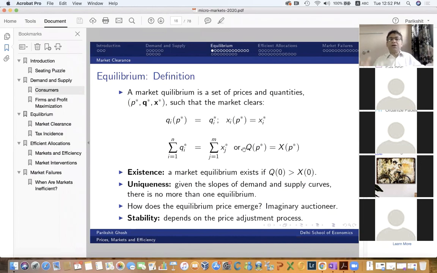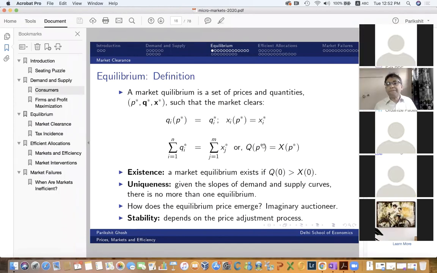It somehow emerges from the organic interaction of many buyers and many sellers. So our hope, when we use this sort of simple model, is that this very simplified model captures that complex process through which prices emerge, right?